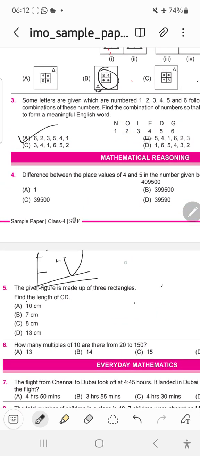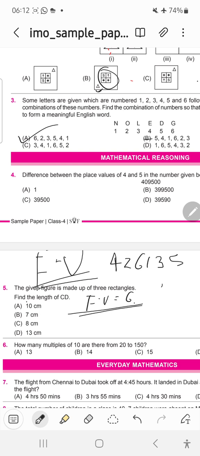For example, we have a number 426135. If the question says what is the face value of 6, the face value of 6 must be 6, no changes.